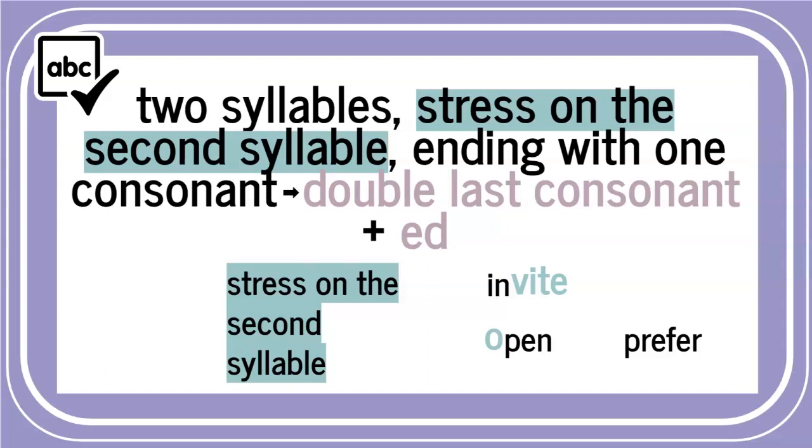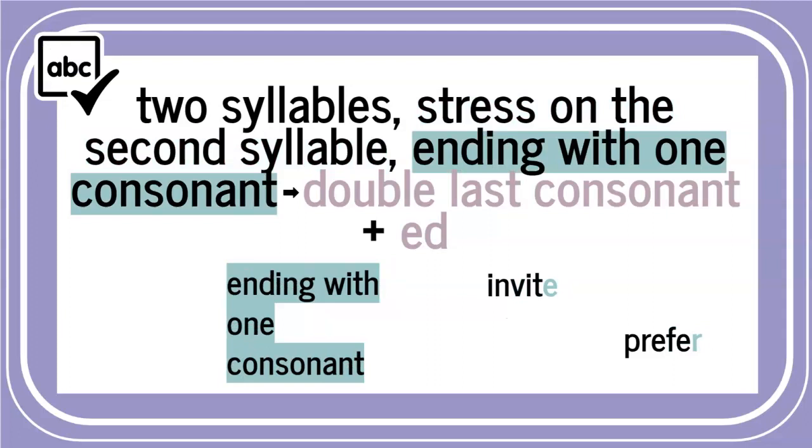Open. Prefer. Stress is on the second syllable for prefer. So for this rule, we cannot use open to follow these rules. Invite and prefer, we can.